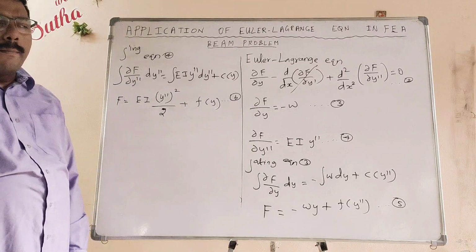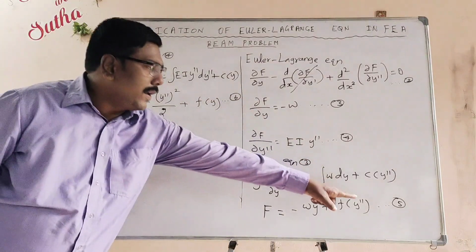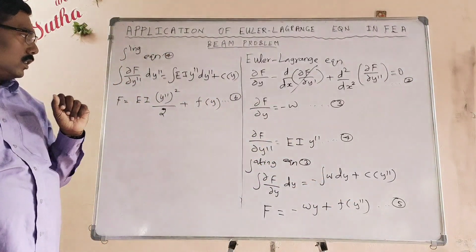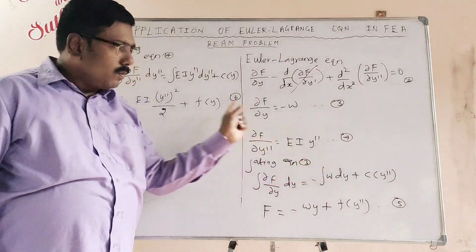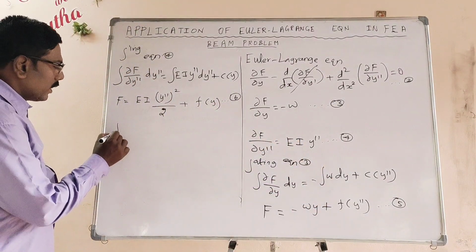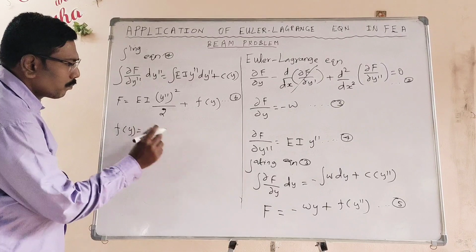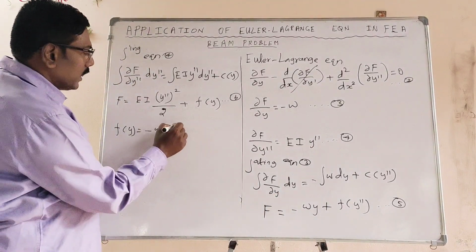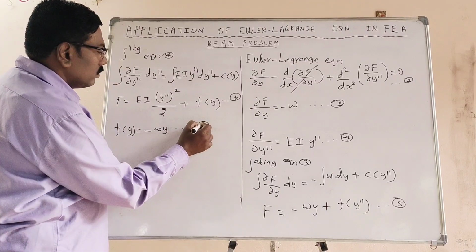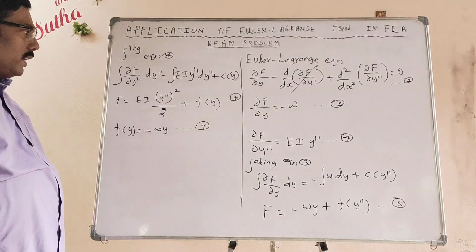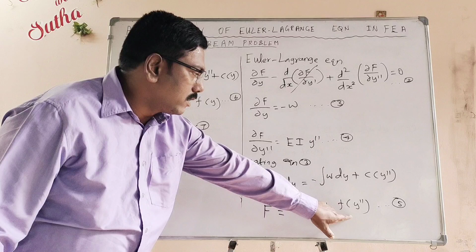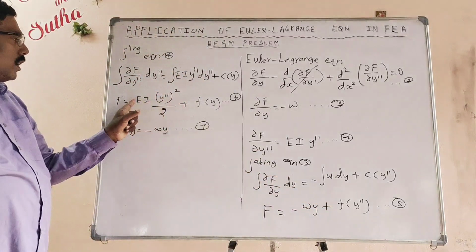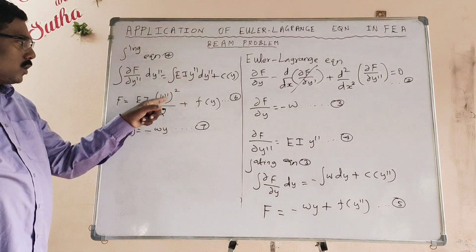Now we are going to compare equation 5 and 6. By comparing 5 and 6, we get f of y equal to minus Wy. Call it as equation number 7. We can also compare f of y double dash with this term EI into y double dash square by 2.